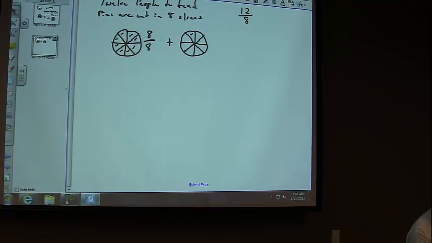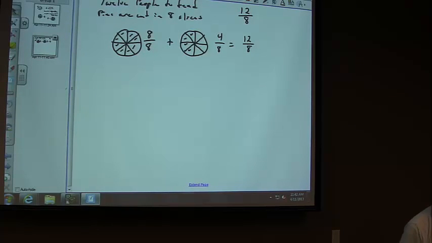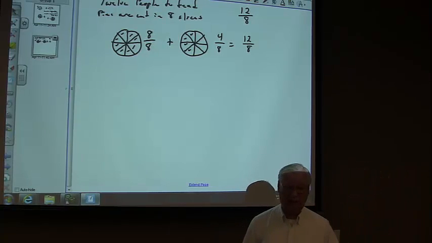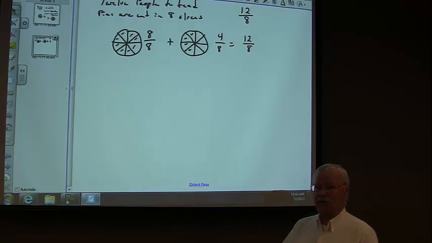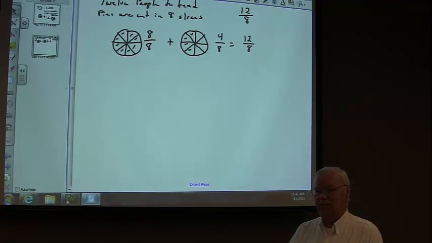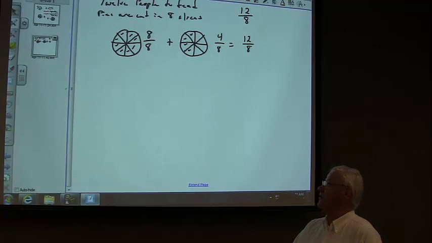And I'm going to need 1, 2, 3, 4. There's 4/8. 8/8 plus 4/8 equals 12/8. And of course, 4 people can have a second slice if they like. But this tells you a little bit more about what a fraction really is, and how I can visualize that in my mind when I see these fractional numbers.